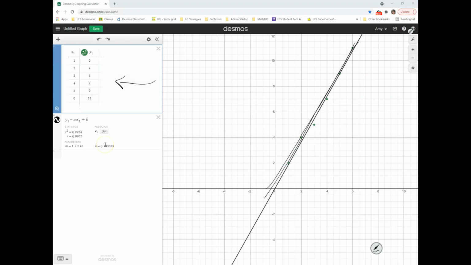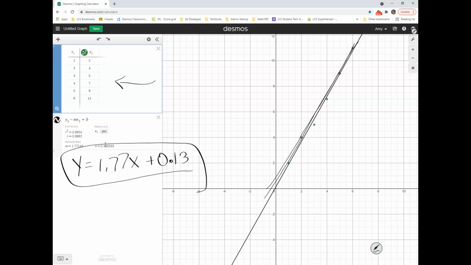Okay? Let me write that out for you. So my equation then becomes y equals 1.77x plus 0.13. Okay? So then we can select the correct answer. And we don't have to guess, right? We can be assured of our answer.